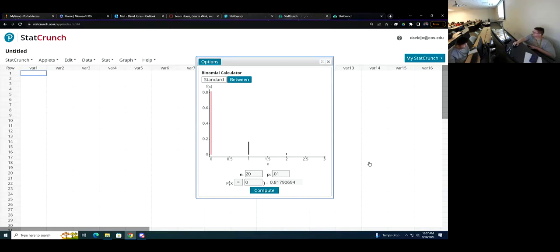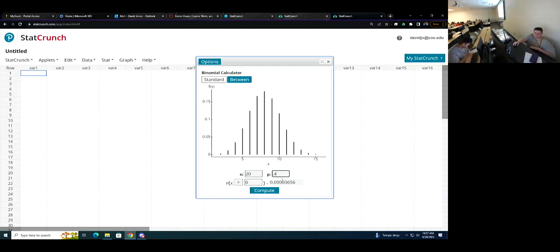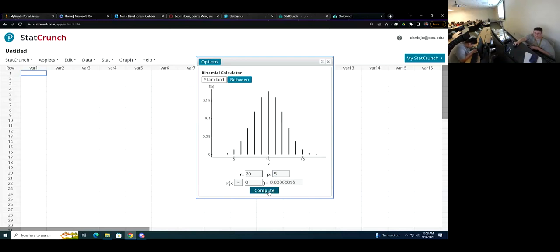It's like a landslide going to the right. What if I make it higher? What if I make it like 0.4? Looks close to a bell curve, right? 0.5 looks like a bell curve.